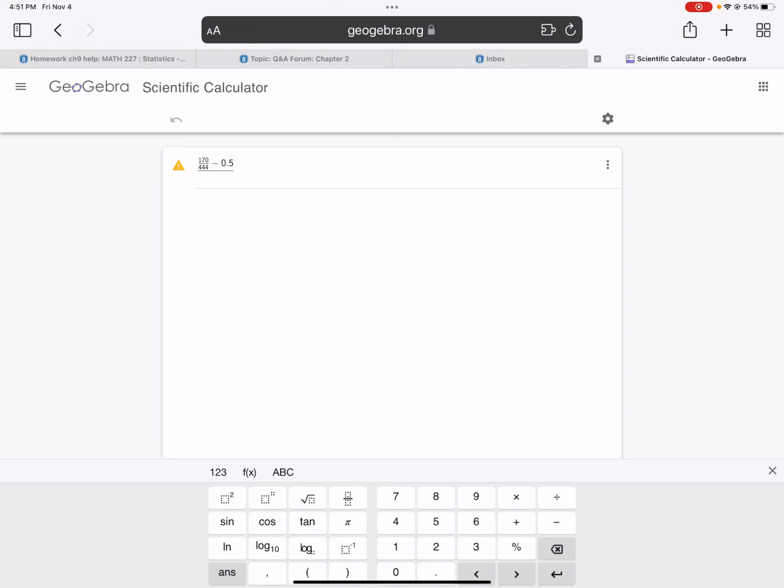In the bottom, we do the square root first, and then we have a fraction. At the top, we have P naught, which is a fraction, so 170 divided by 444, and then parenthesis 1 minus fraction 170 divided by 444, over n is 444.